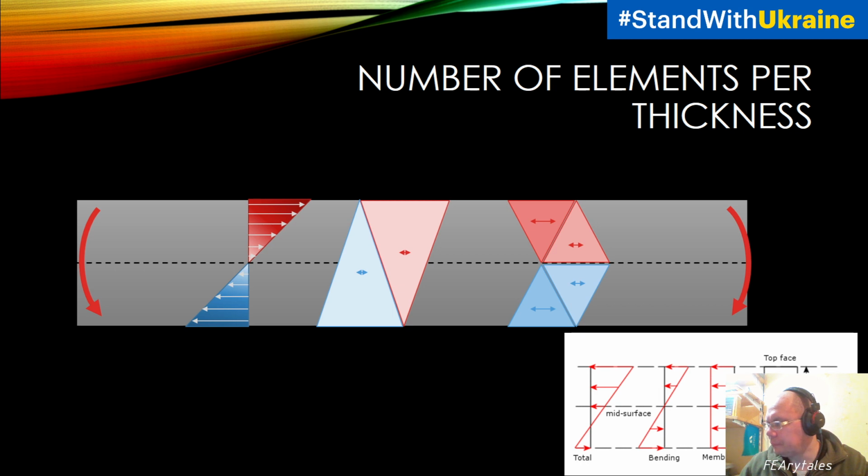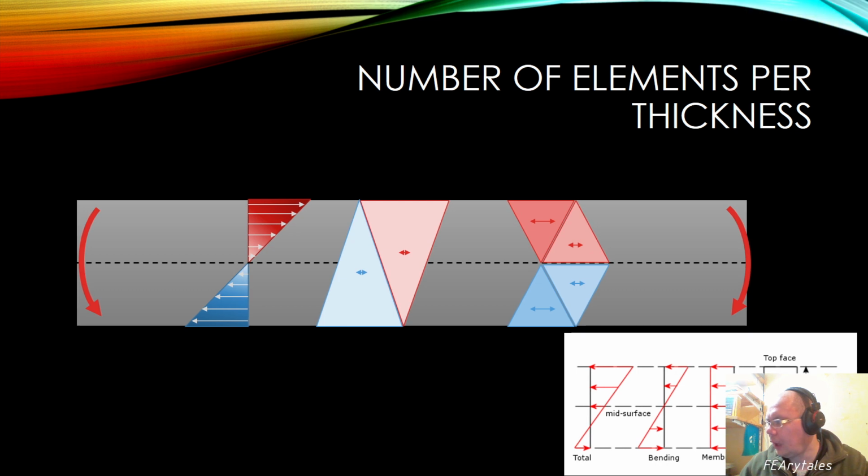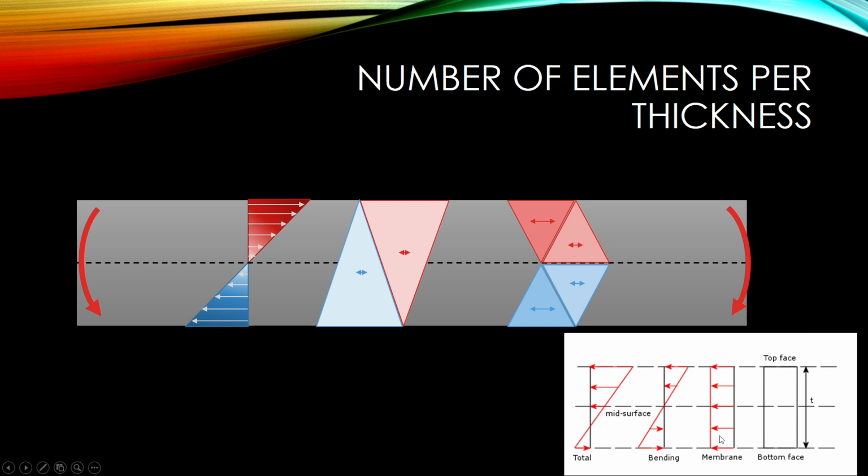If we have bending and compression or tension, for example, we will not have this. If we have tension, for example, we will not have this stress distribution, but like this.